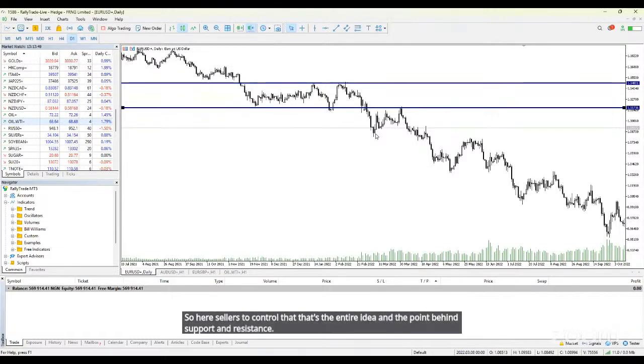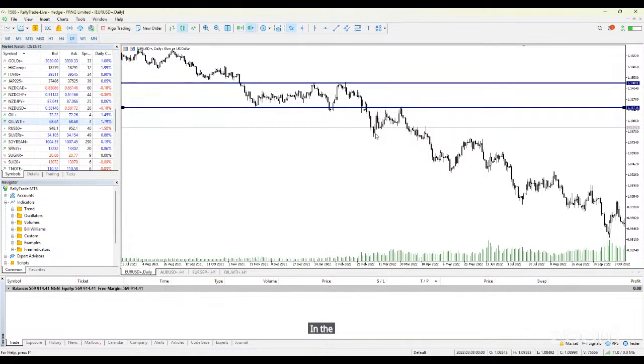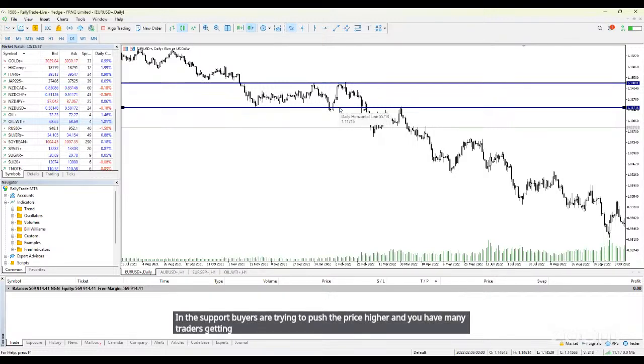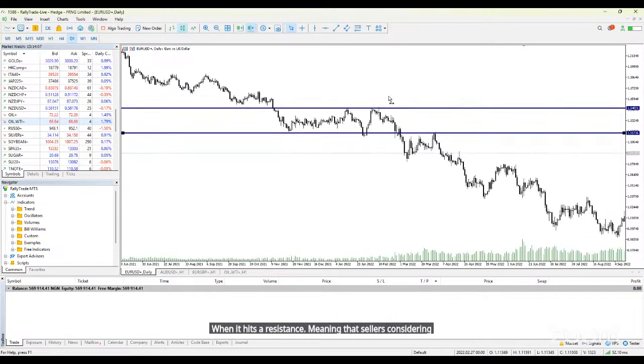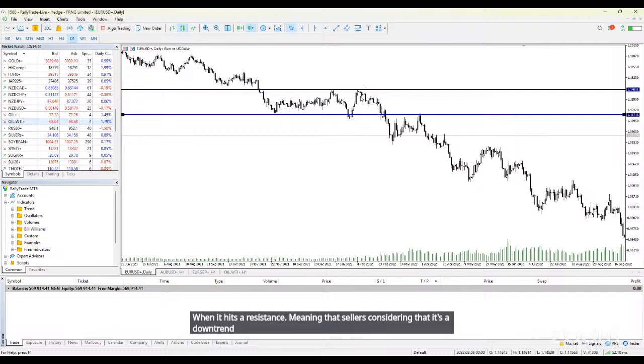In the support, buyers are trying to push the price higher, and you have many traders getting into their buying. When you have a bigger buying power, then the price goes up. When it hits a resistance, meaning that sellers, considering that it's a downtrend, they are here placing sell orders, trying to push the price down.